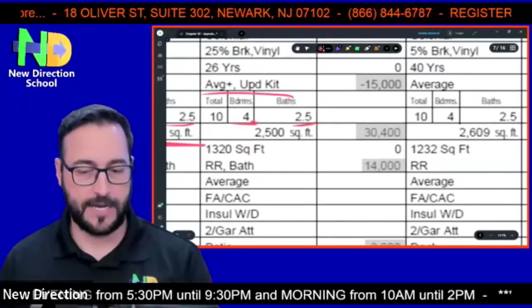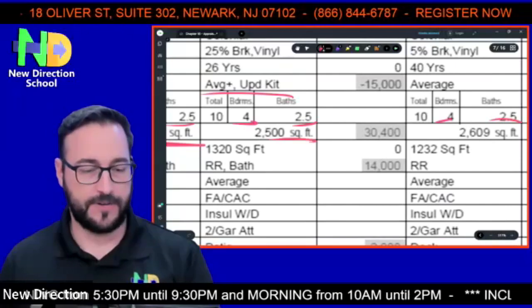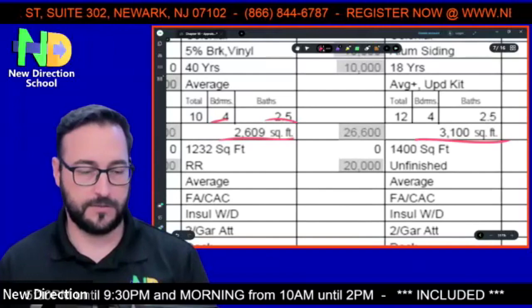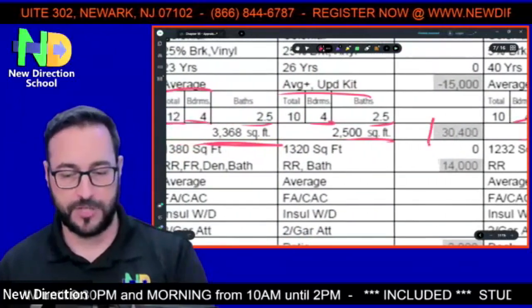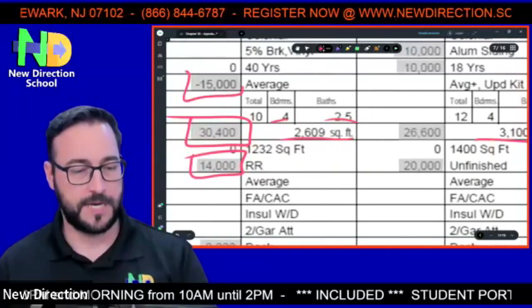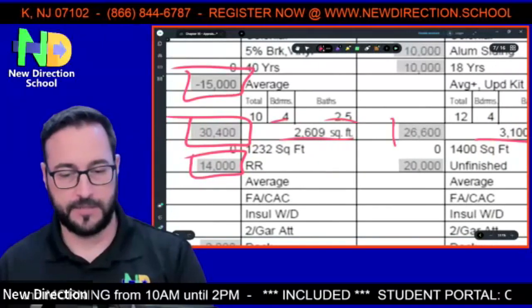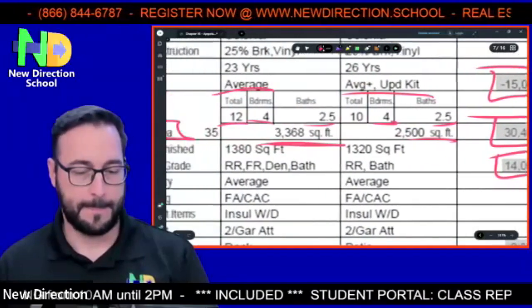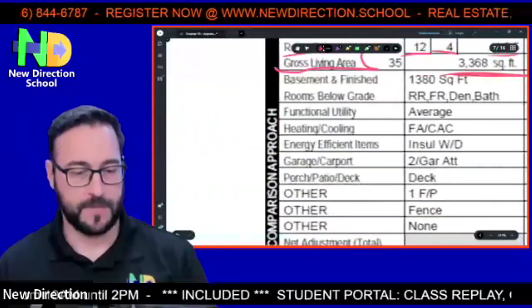So let's look at comparables. 4 bedroom, 2.5, 4 bedroom, 2.5, 2,500 square feet, 2,600 square feet, 3,100 square feet, and so on. And the adjustments. These are the adjustments as we go. This is minus, these are plus, and so on. So everything is adjusted as we go.